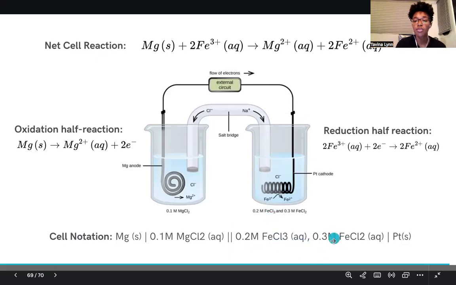If we have 2 solutions mixed together, we just separate them by a comma. So this is why I have both of these solutions here for our reduction. And then our cathode is written last, our solid, which is platinum. So we always start with our anode and end with our cathode. And then we write what is happening as a result of the oxidation, and what's being reduced, separated by the salt bridge.